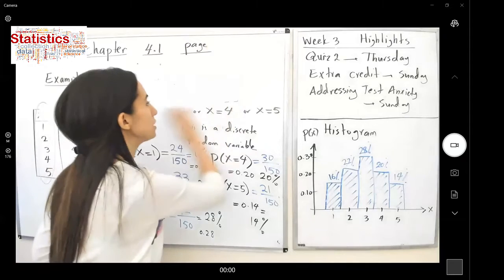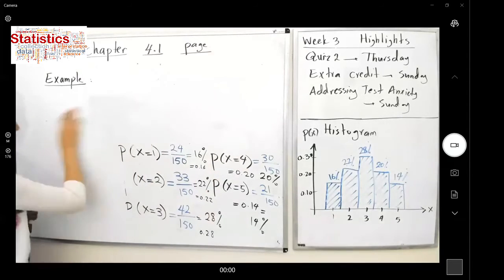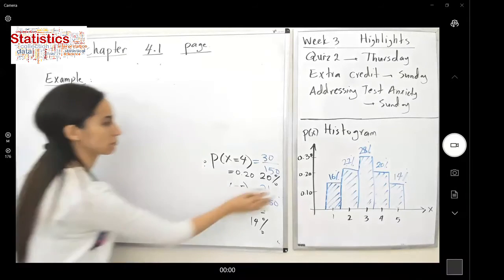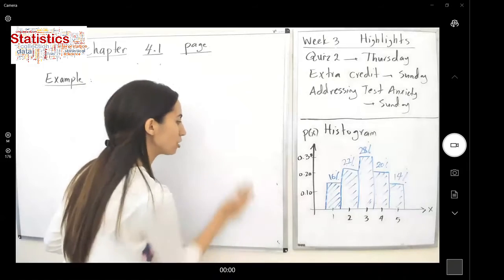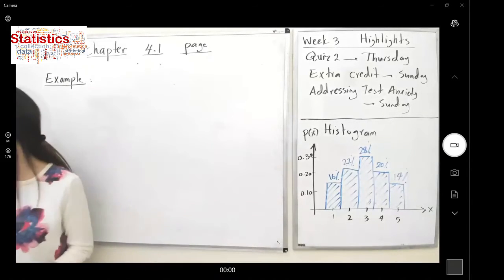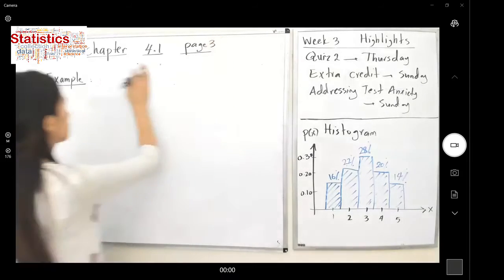On page 3, one of your friends collected data. Your friend actually came up with this table. So this is on page 3.